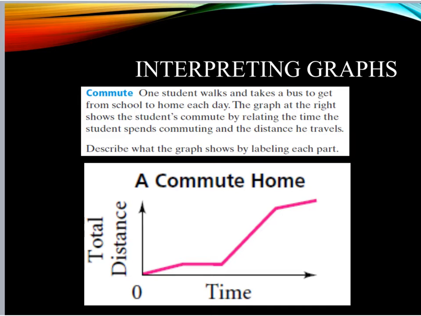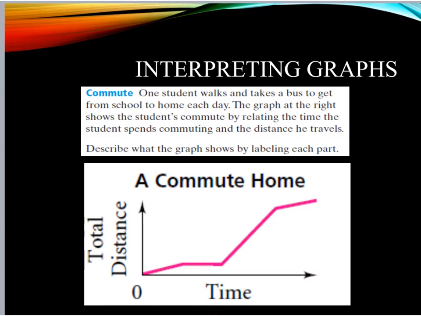So when I look at this graph here, notice we have a long slope incline here. Here, our slope gets a little bit steeper, then it's more gradual, and we can see that this part in here is pretty flat. So we have to think about what's going on. I have time on my x-axis and distance on my y-axis.